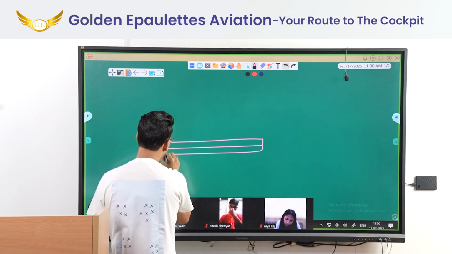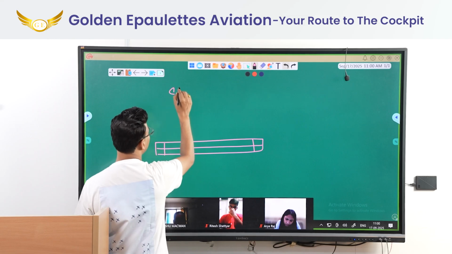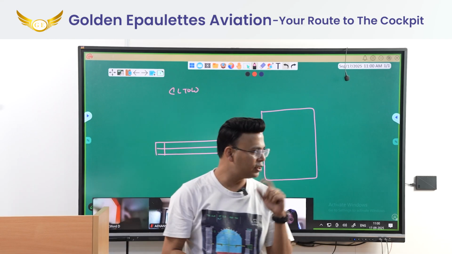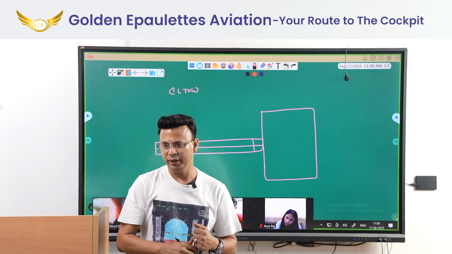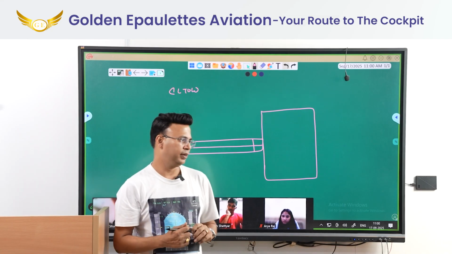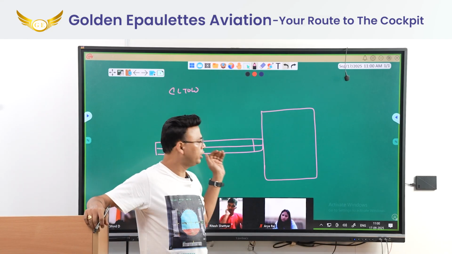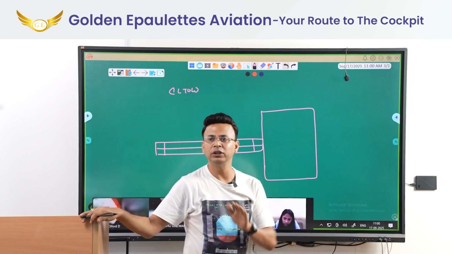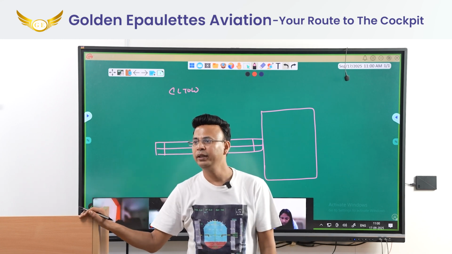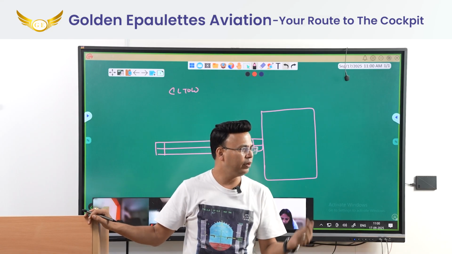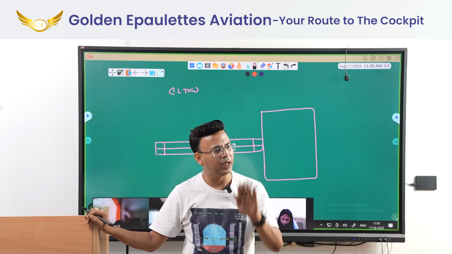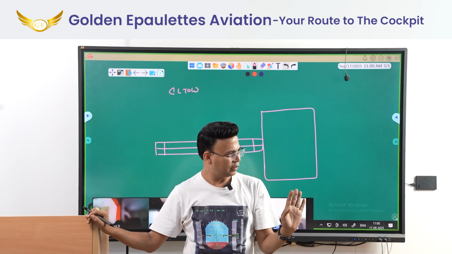Now there is another performance limiting takeoff weight called climb limiting takeoff weight. First was field limiting takeoff weight. Second is climb limiting takeoff weight. So for any aircraft taking off, if it loses its engine, there is a minimum regulatory climb gradient that every aircraft has to achieve. Clear?